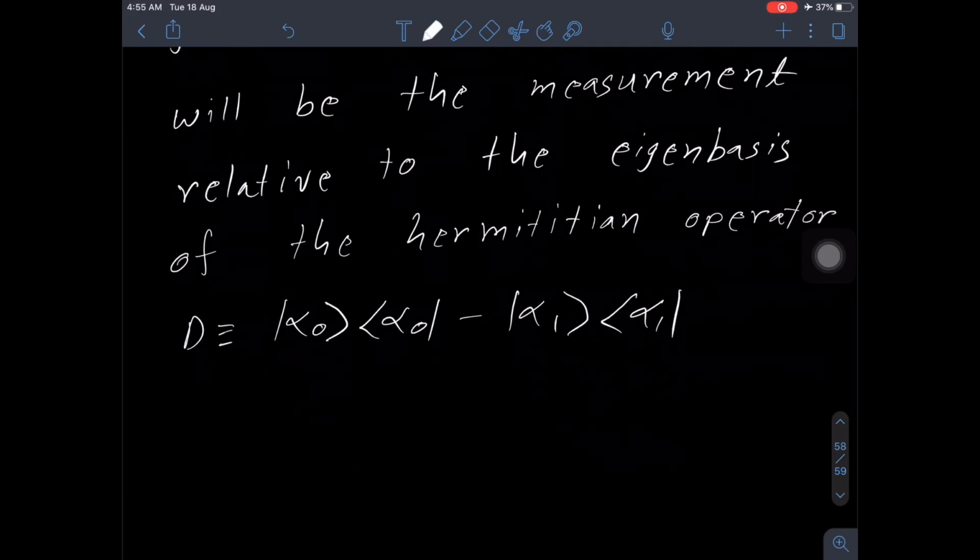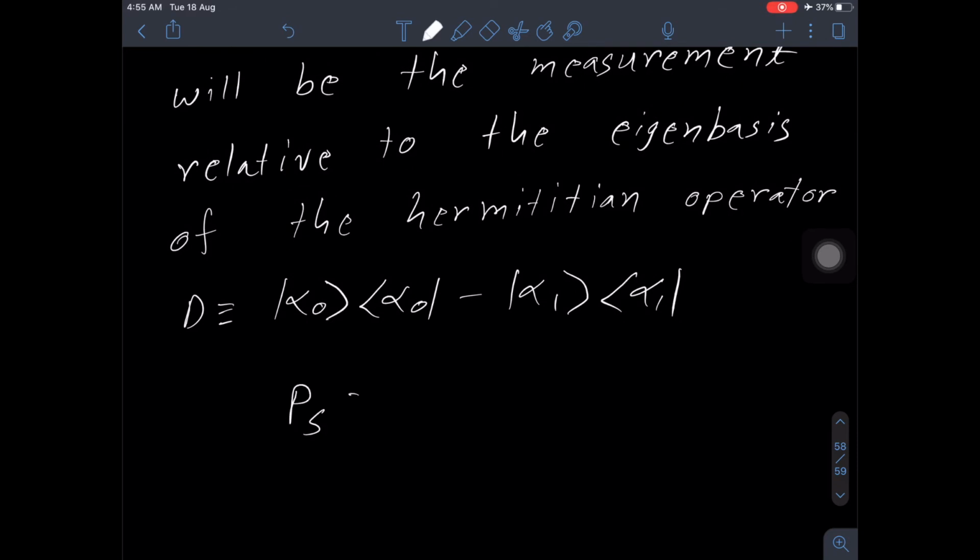All right, and the optimal success probability will be half plus delta by 2.